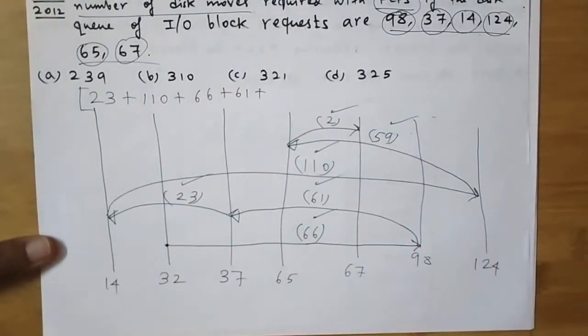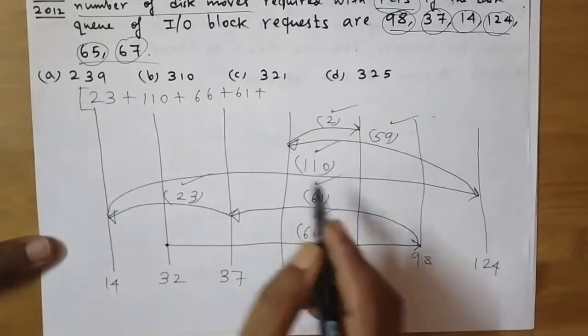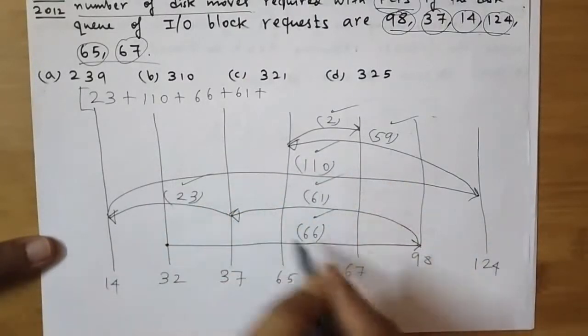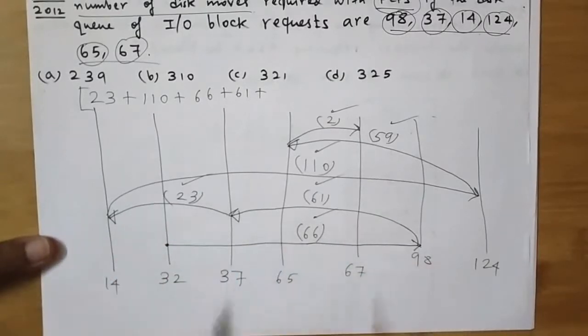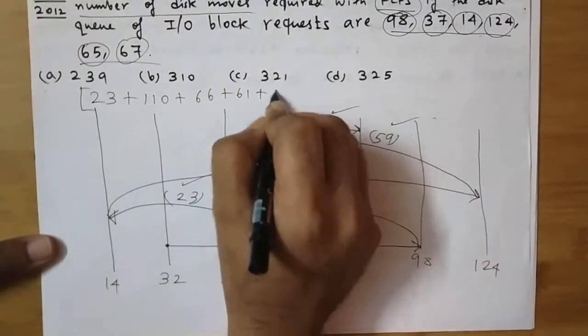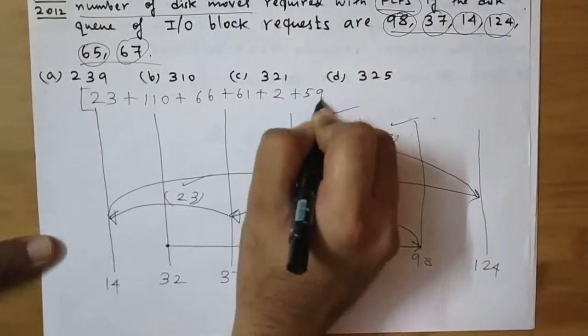I'm doing the addition in any order, just going by the values I see here. It doesn't matter because you're adding them up. Then we add 2 and finally we add 59.